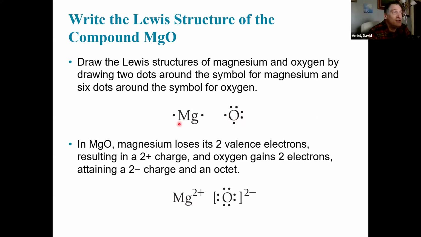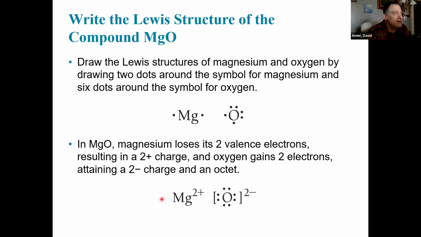If magnesium donates both its valence electrons, both atoms have an octet. And we come up with the formula Mg2+ and O2-. Make sure you get the charges straight. Magnesium has lost 2 electrons. Oxygen has gained 2 electrons to become a double minus.